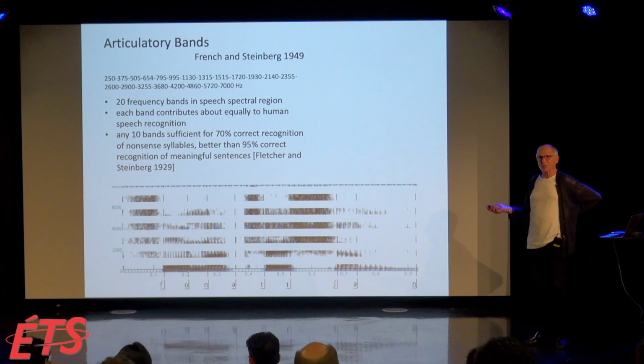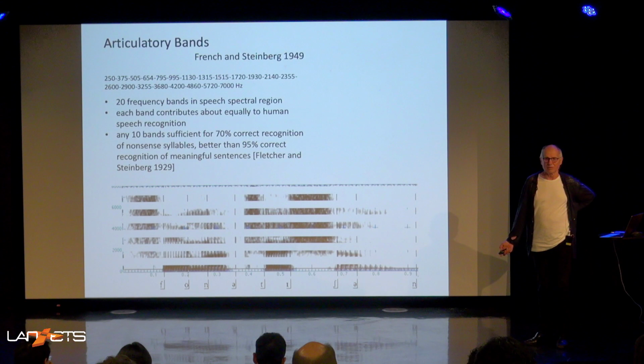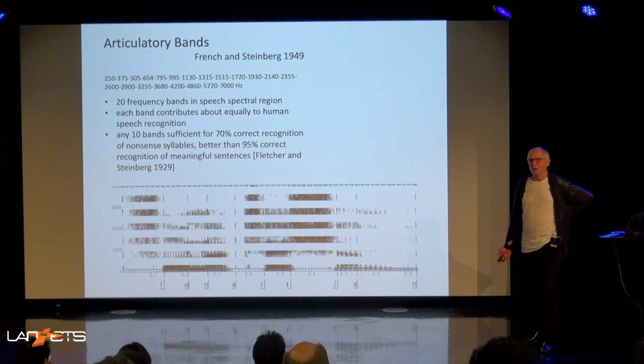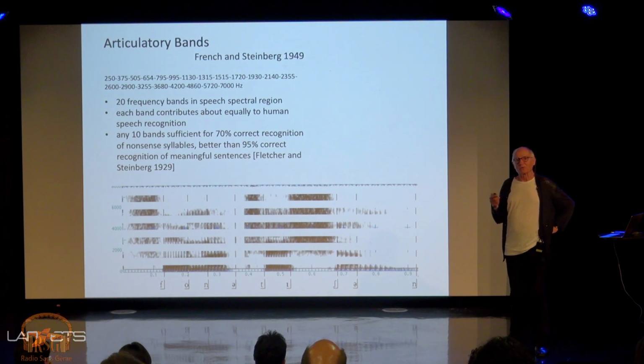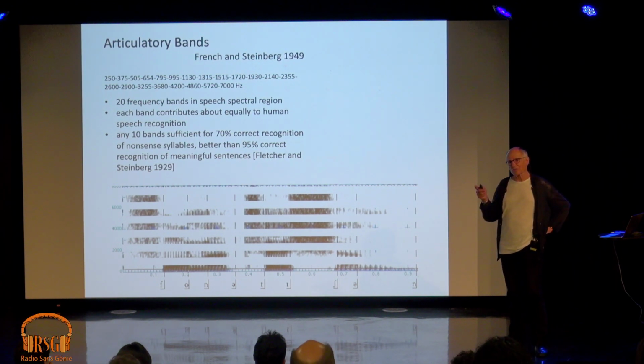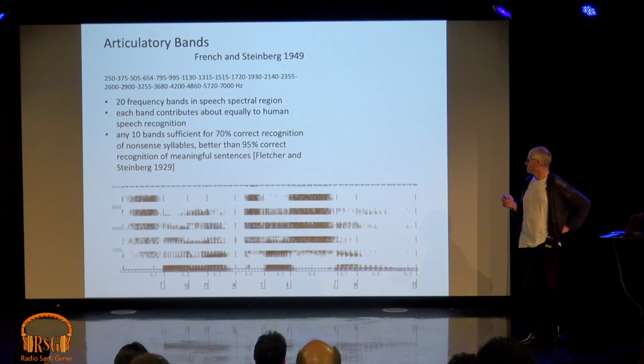So essentially, what these experiments are telling you is that you don't need the whole spectrum at all. Basically, all you need is enough of the spectrum of the speech to recognize the speech. And this is very interesting from an engineering point of view, as we will see a little bit later.